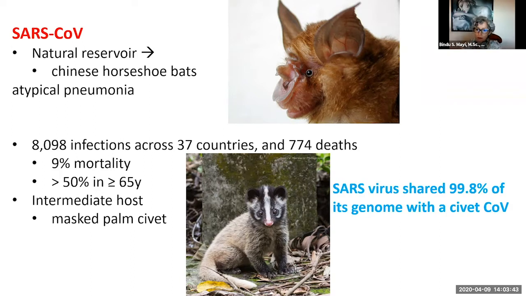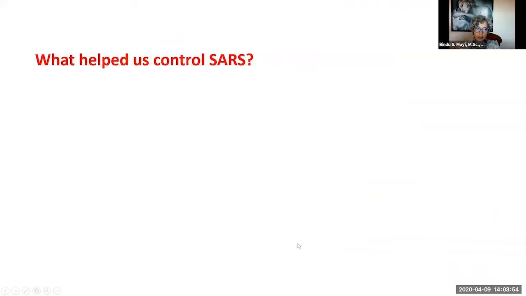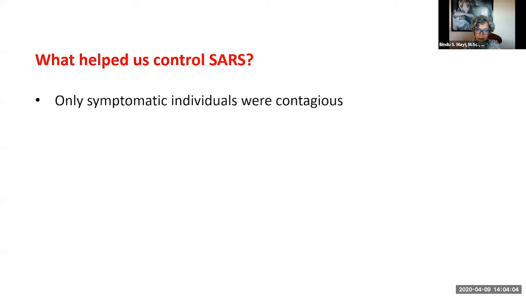When the virus was subsequently genomed, we saw that it shared about 99.8% of its genetic sequence with a coronavirus that was isolated from a masked civet. This controlled SARS. When it burst onto the scene, in about 8 months or so, it petered out, and we haven't seen it since.